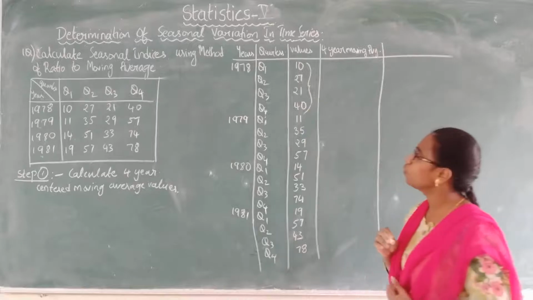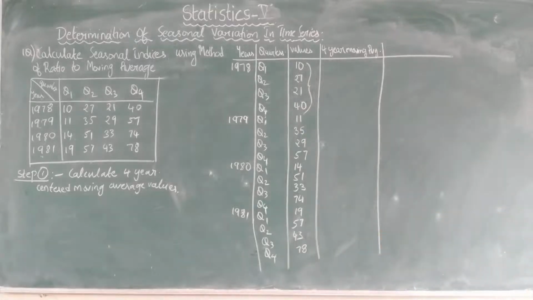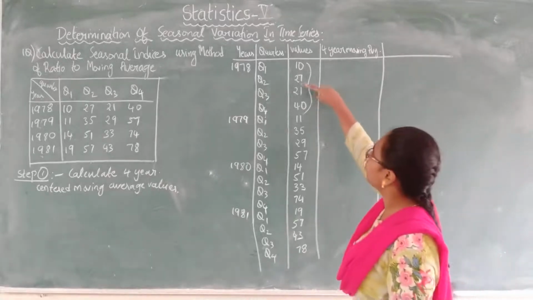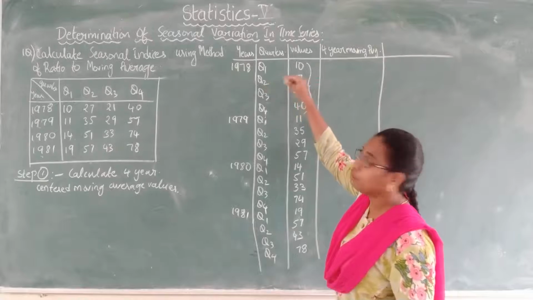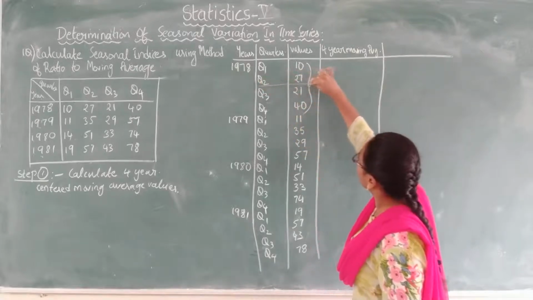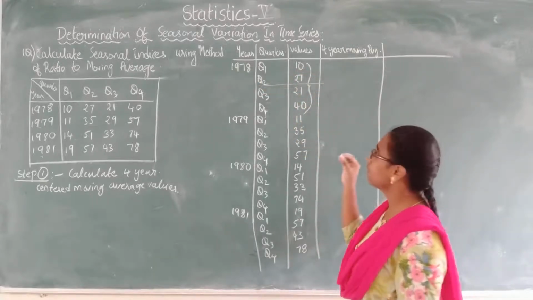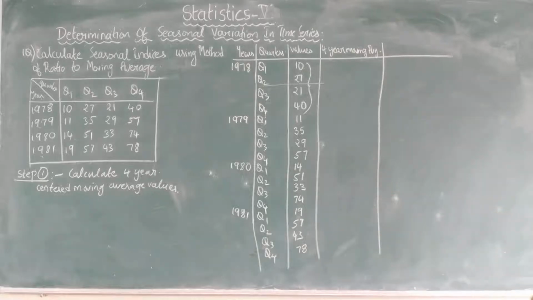What are the first 4 values? 10 plus 27 plus 21 plus 40, divided by 4. The average you get is 24.5. What is the middle for this? Between Q2 and Q3. So you write the first value here, and the answer is 24.5.